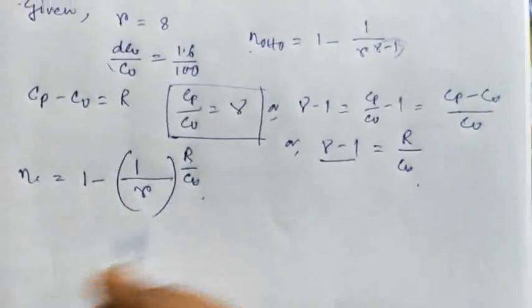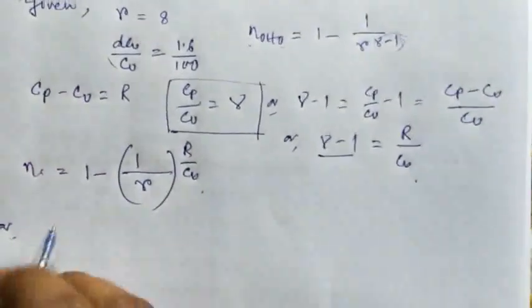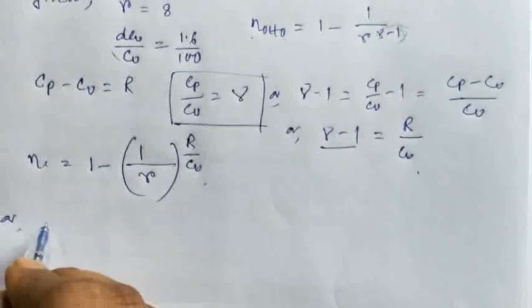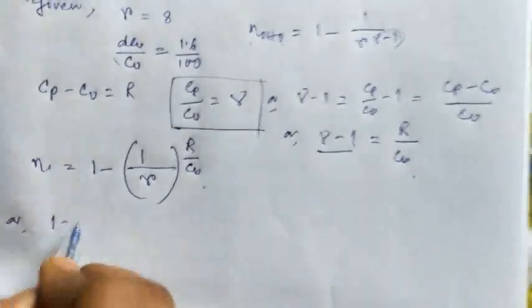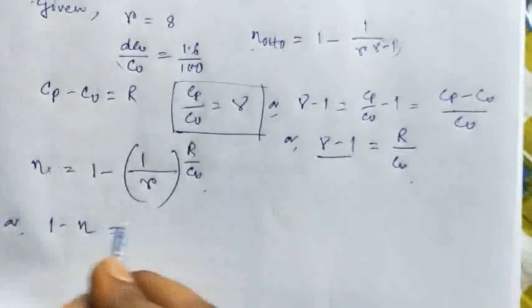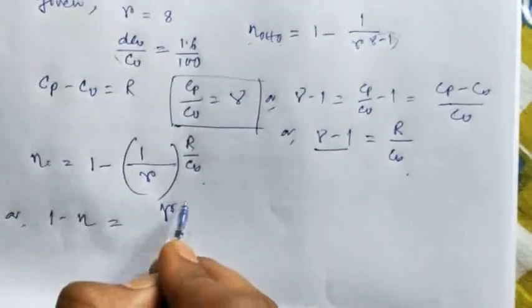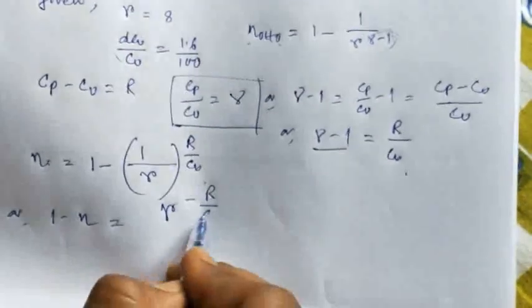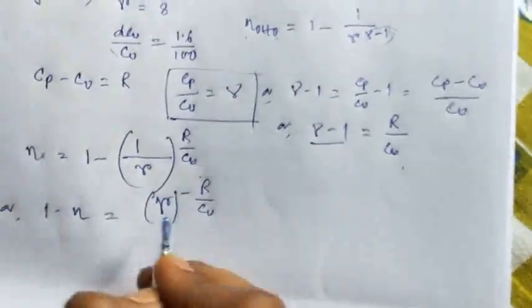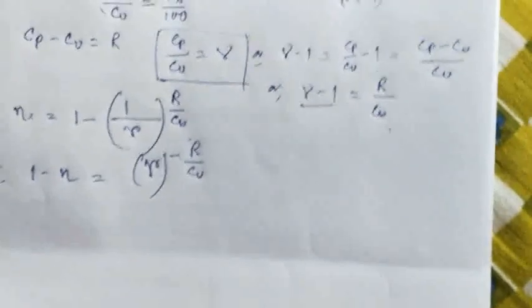Let's see. Let's rearrange this equation. We can write 1 minus efficiency is equal to r to the power minus R by Cv. You can write this.